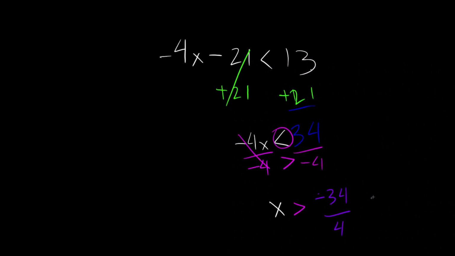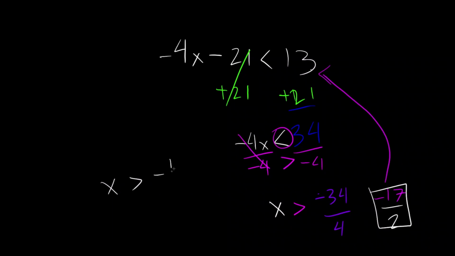So 34 would turn into 17. Negative 17 over 2. So this would be our final solution to our problem. So x is greater than negative 17 over 2.